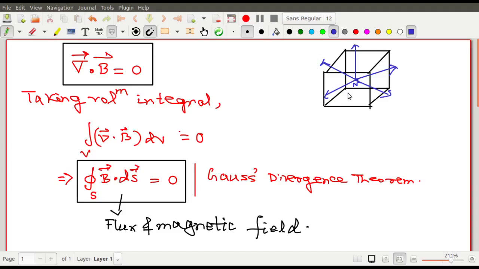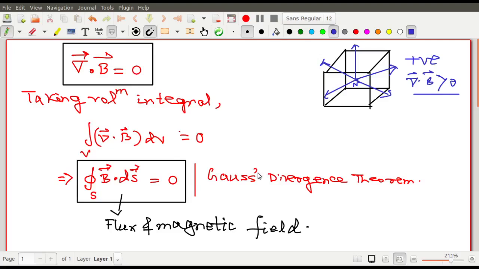Positive divergence means that there is a net outflow. That is what positive divergence is. This is divergence of B. If it is like that, then the divergence of B is greater than 0. But you see that the divergence of B is 0, and that is why the flux is 0. The divergence of B is 0 and the flux is 0.